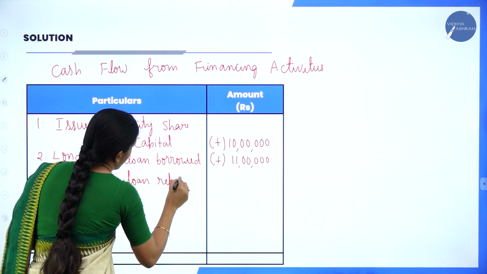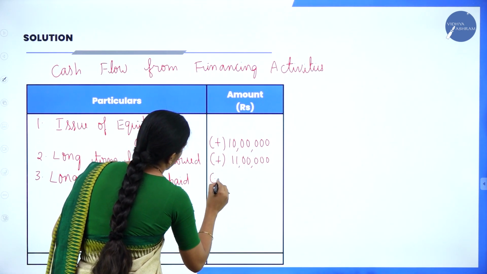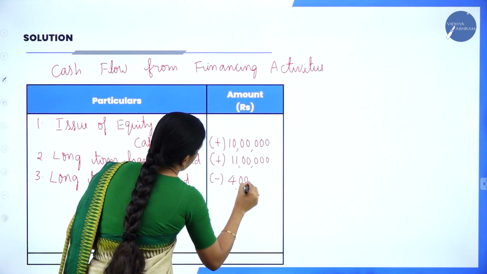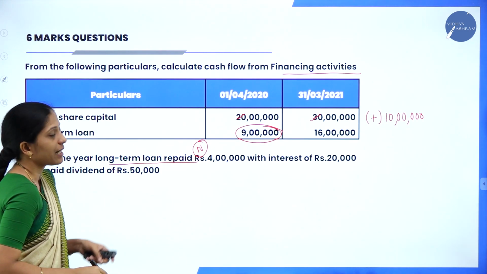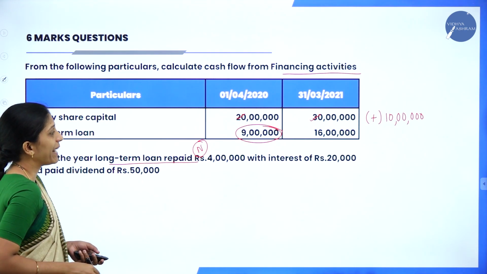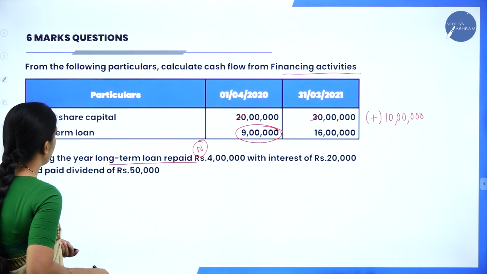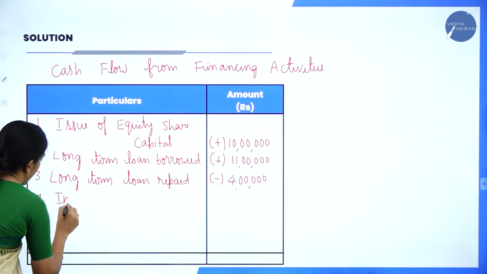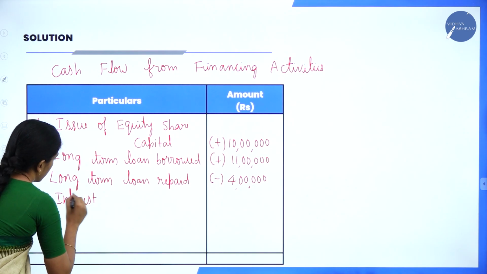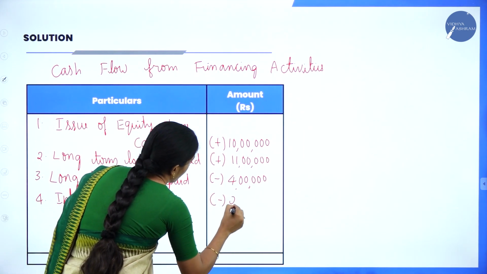When they pay it is cash outflow and the amount is minus 4 lakh. Then we have interest paid, how much? 20,000. Fourth one is interest paid, that is minus 20,000.